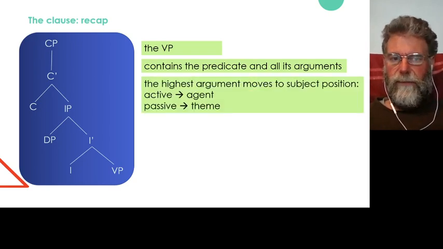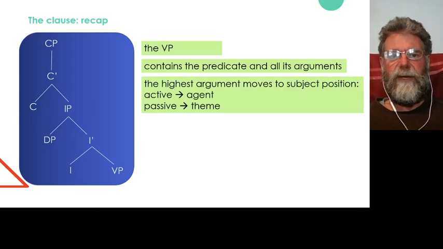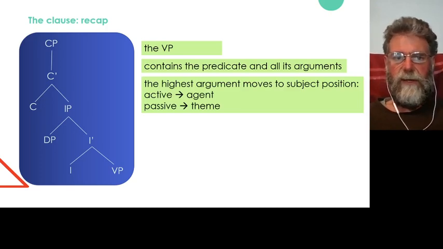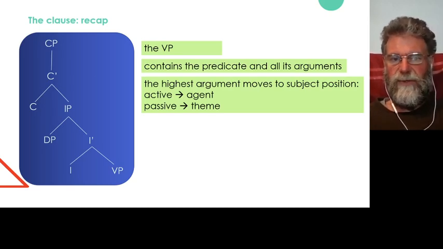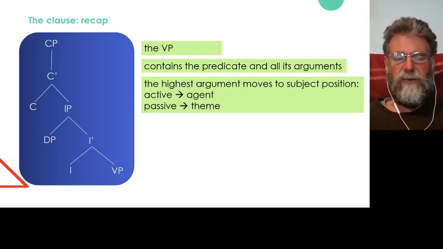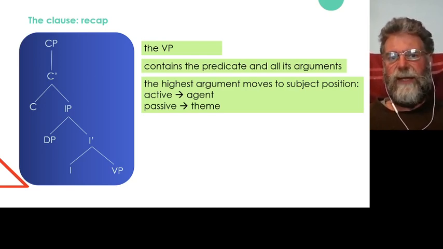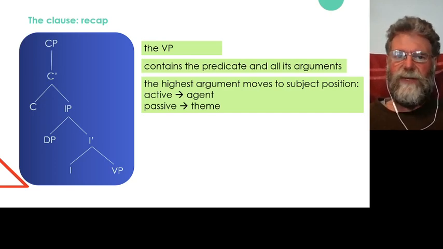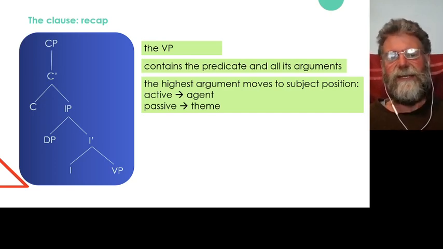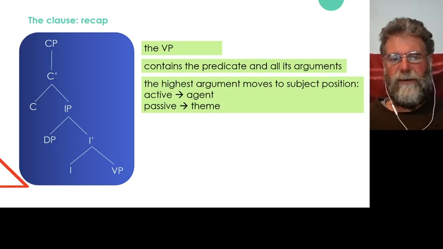Now, they don't all stay there, however, because the highest argument in the verb phrase is going to eventually move to the subject position. And it depends on which is the highest argument, and that itself depends on what kind of construction you've got. So if we've got an active construction with a transitive verb, then we've got an agent, and it will be the agent which becomes the subject, because that is the highest one up. That starts off inside the specifier of the VP.